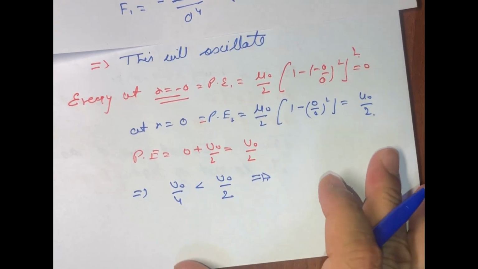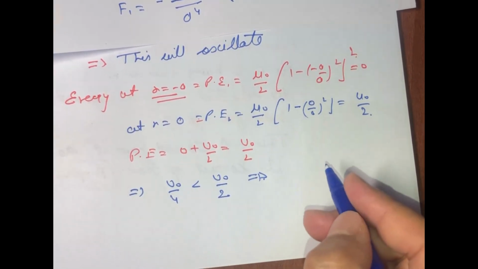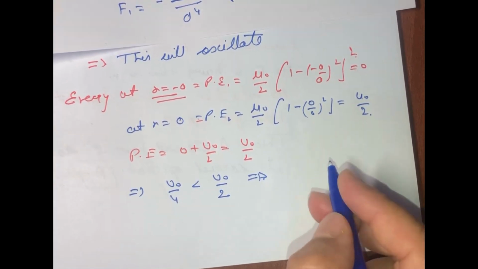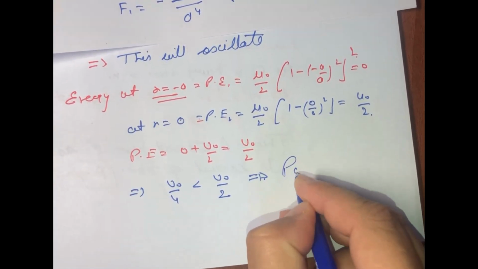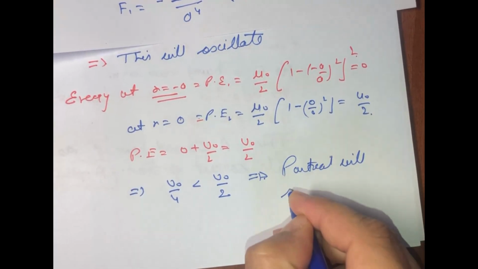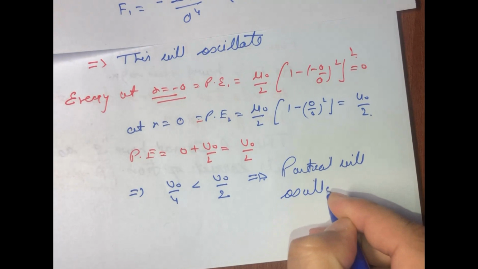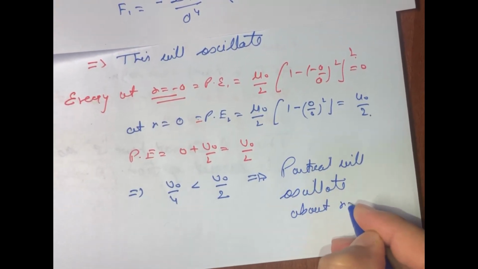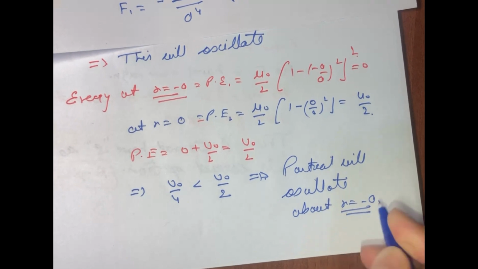From here we can say that the particle is going to oscillate about x equal to minus of a.